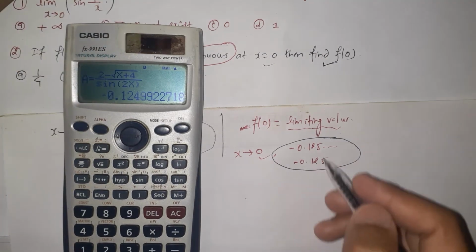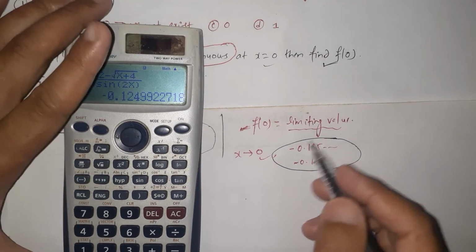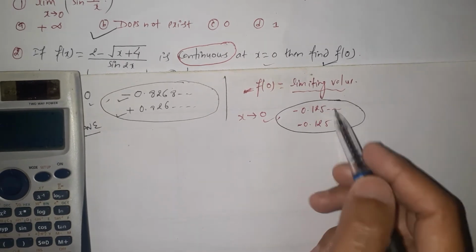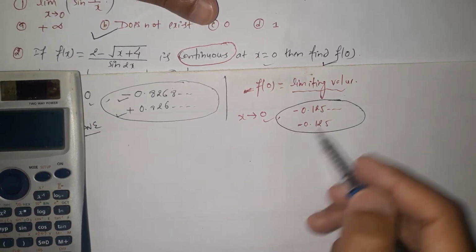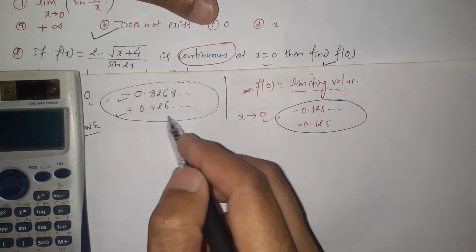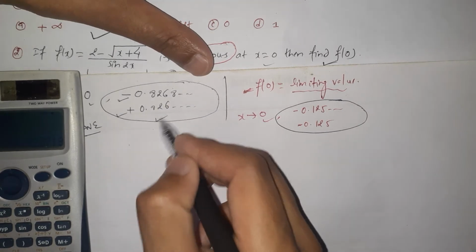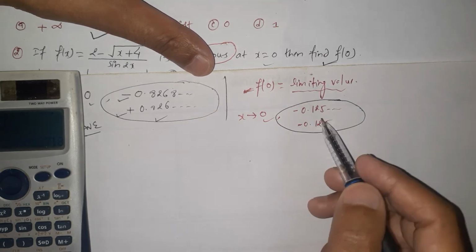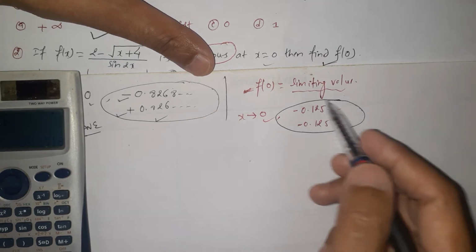So there is existence of limit. If the functional values at different points very close to the point are the same, then the limit exists. In our previous questions, the functional values were totally different, so there was no existence of the limit. But here the functional values are the same, so the limit exists.